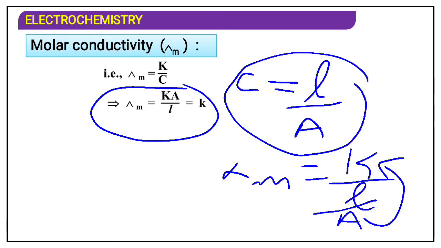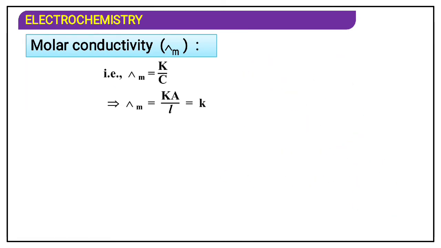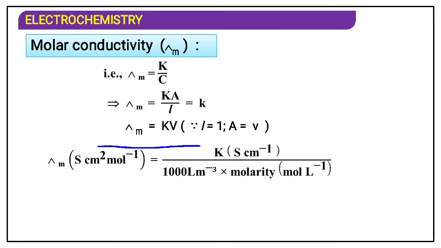And a very important thing next: here the value of L is equal to 1 and A is equal to V. Then lambda m equals K V. Lambda m equals KV. And very important, if you want to get your answer in the problem, the lambda m value is in Siemens centimeter square mole inverse.